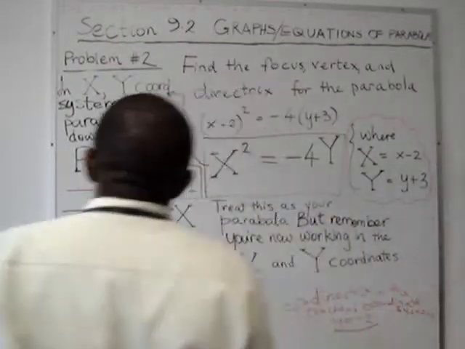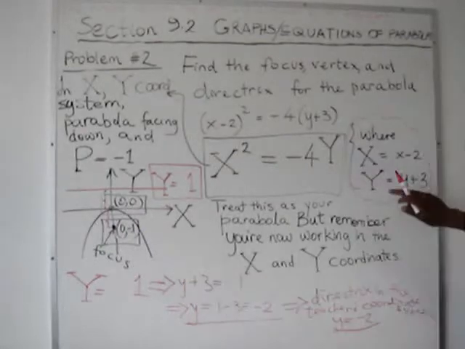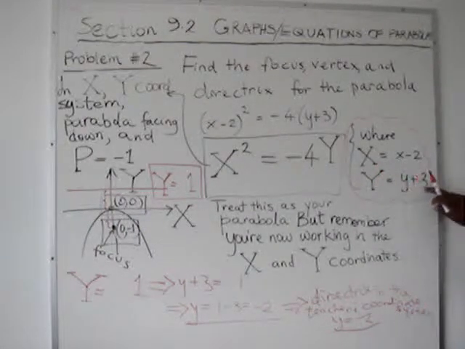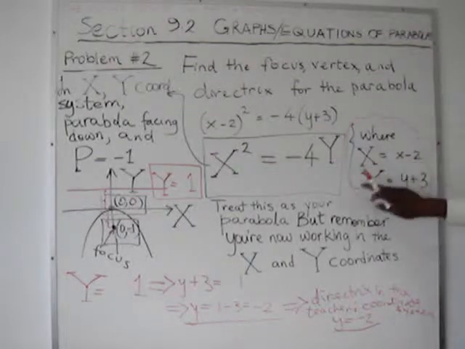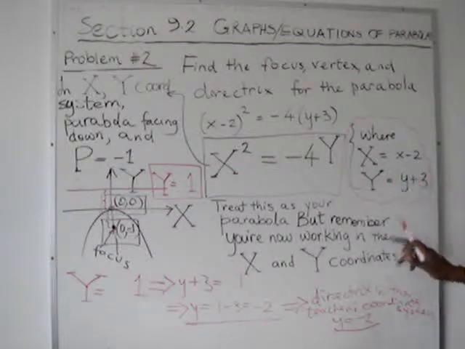And then for the big Y, minus 1 equals little y plus 3, so little y equals minus 1 minus 3, which I believe is minus 4.